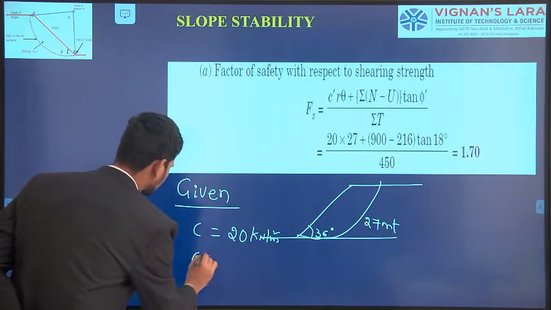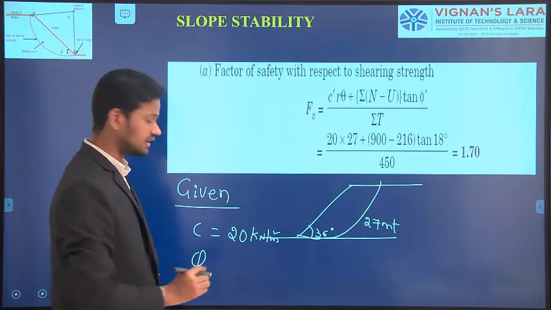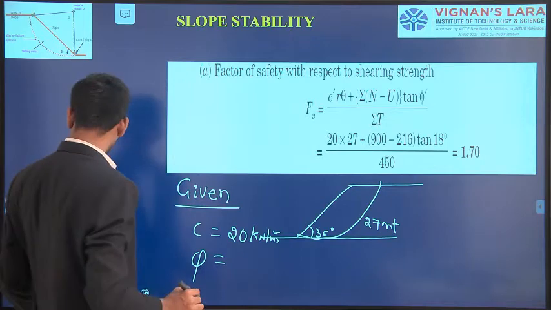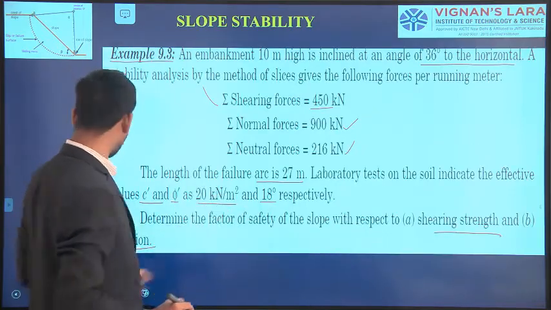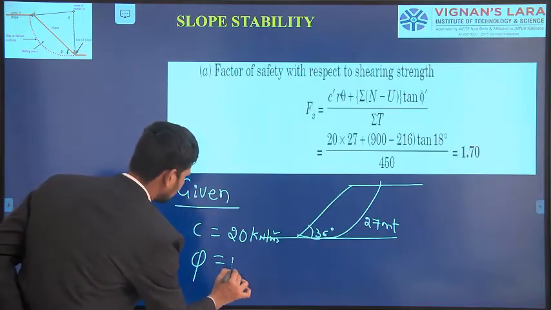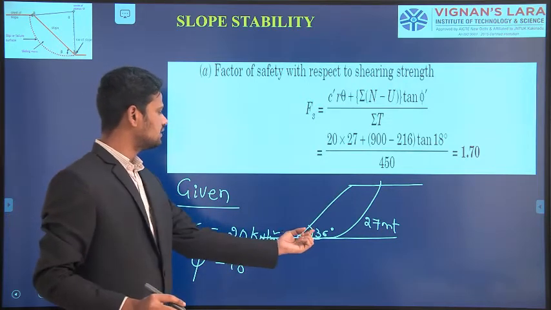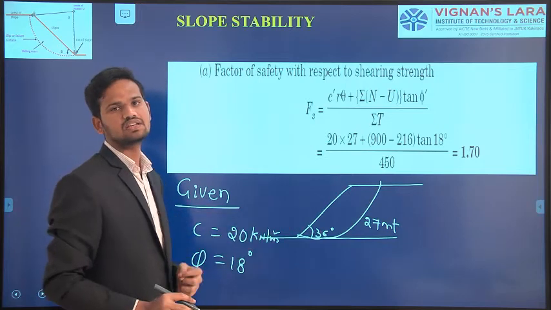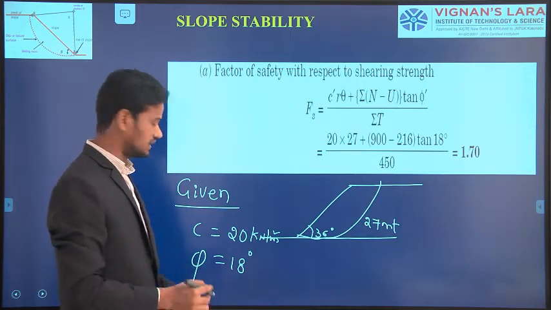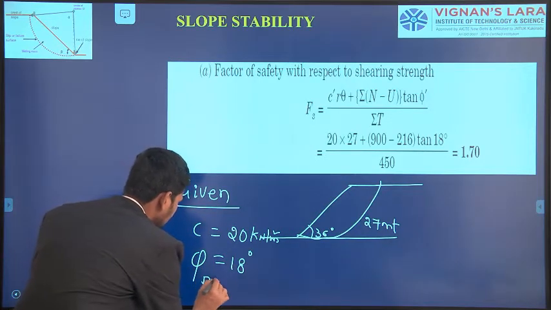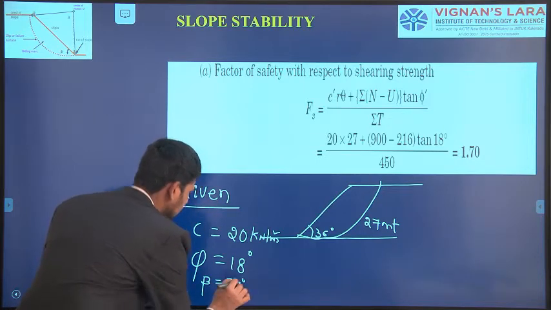As well, they are given the angle of intersection of the soil mass as 18 degrees. And again, if you observe here, the slope making an angle of inclination of 36 degrees, where beta equals 36 degrees.